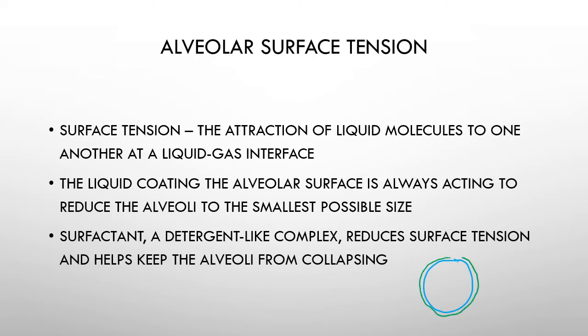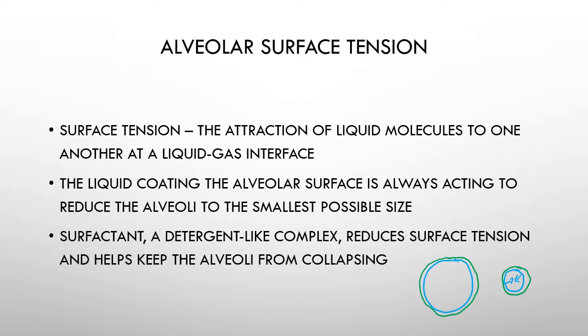And then the blue is the water. And as that alveolus becomes smaller as we exhale, the water gets closer and closer. And that water is then going to start to become attracted to itself. And so some of the properties of water is its adhesion properties. And so it's going to want to draw itself in. So it's going to want to essentially collapse those alveoli.